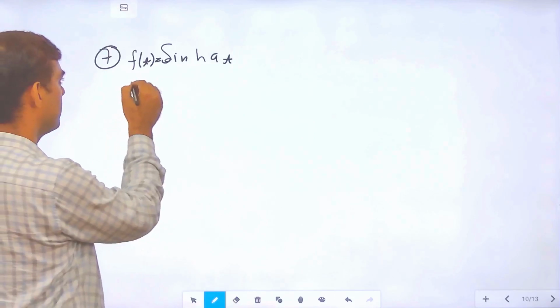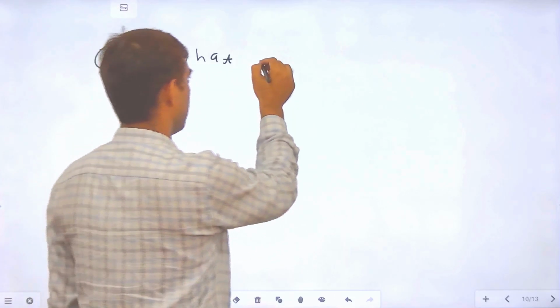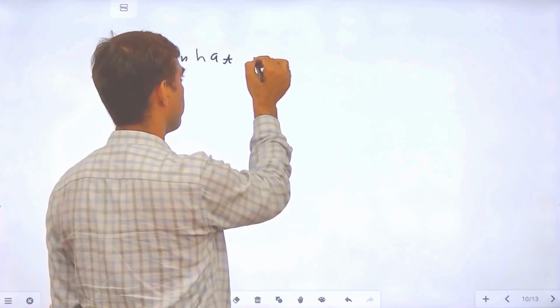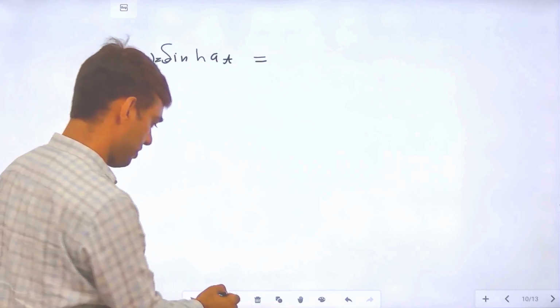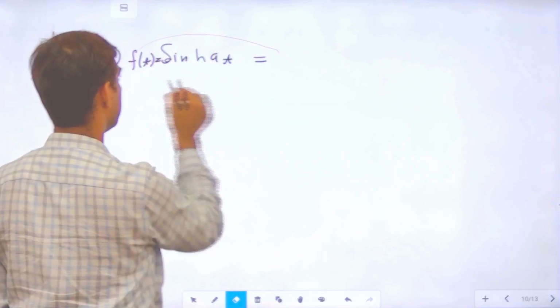Now by the definition of the Laplace transform, let us write more clearly here.